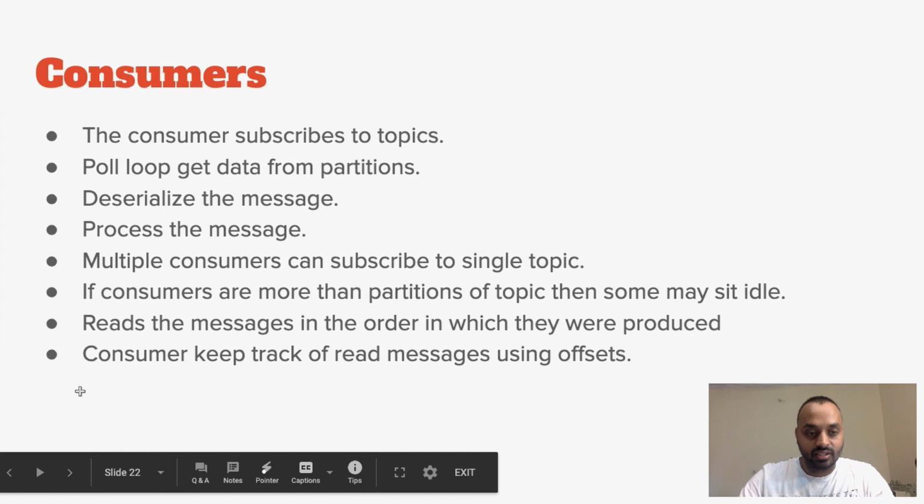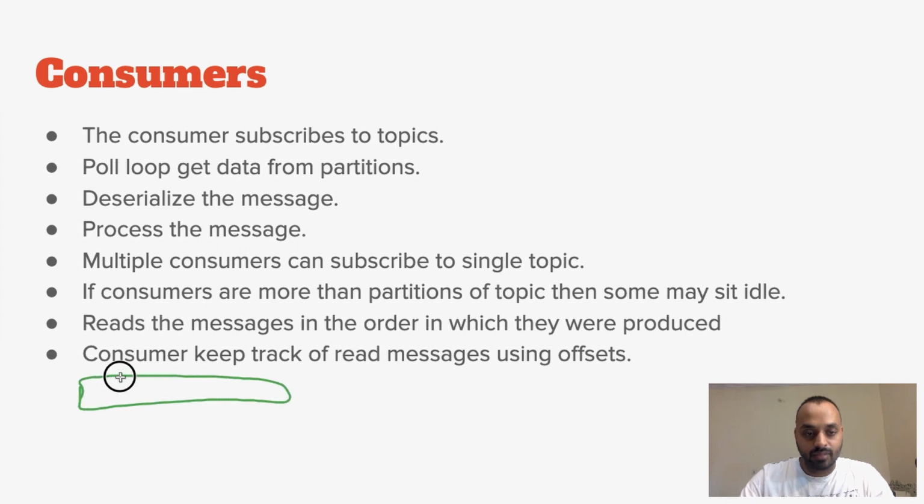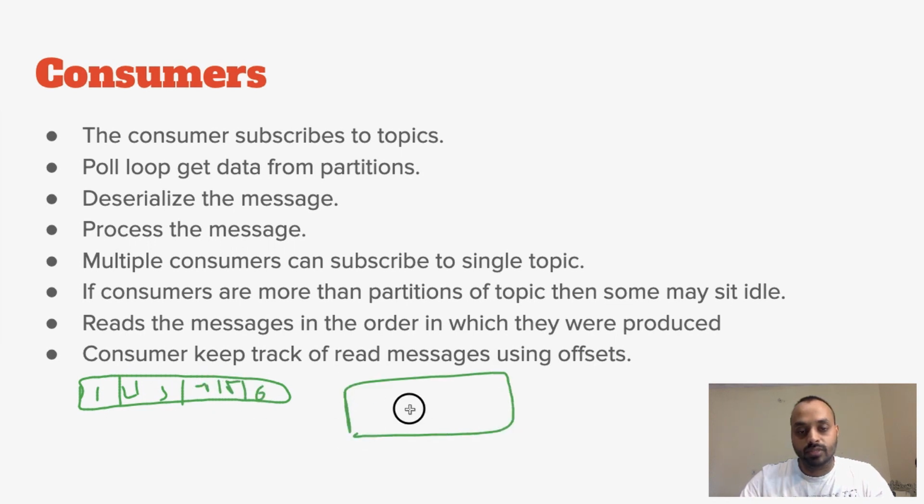Same example: messages 1 2 3 4 5 6. Consumer C1 is reading from it, and let's say it read 2 and 3, and then consumer C1 dies. In this case we have a special topic which contains the offsets which consumer C1 has read.